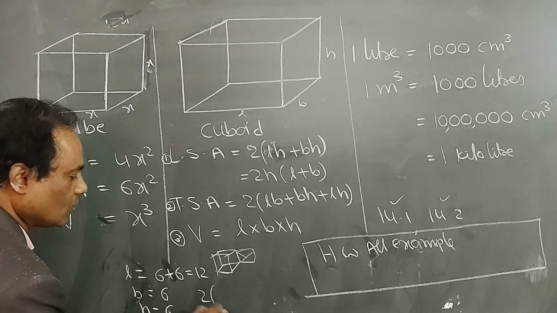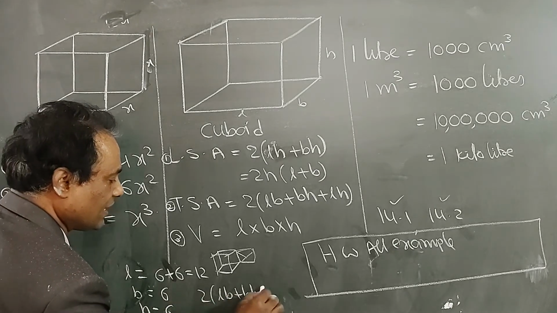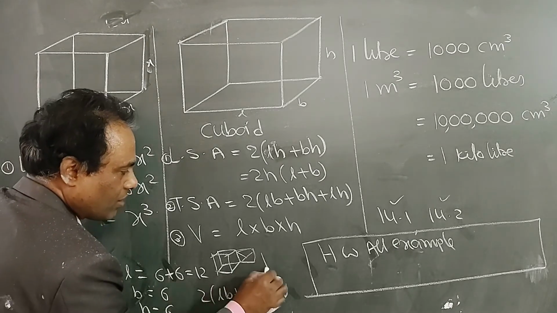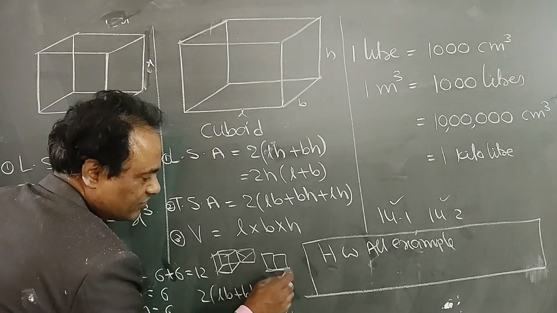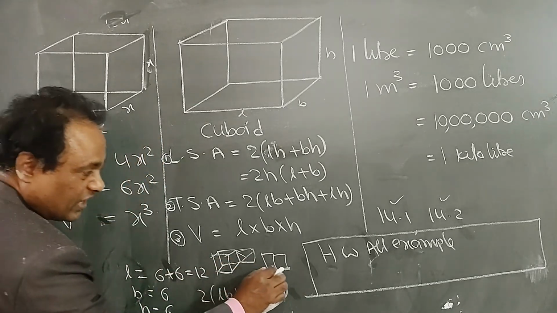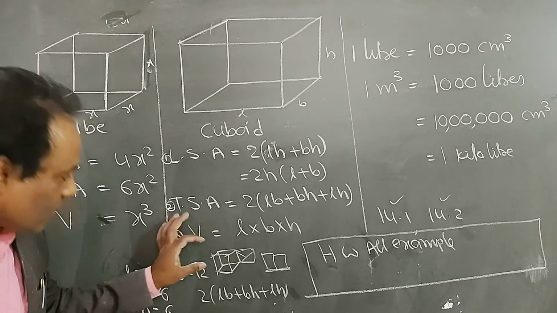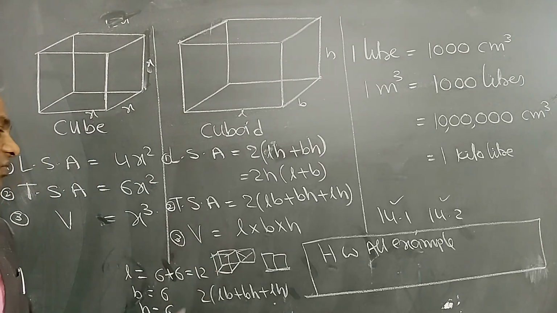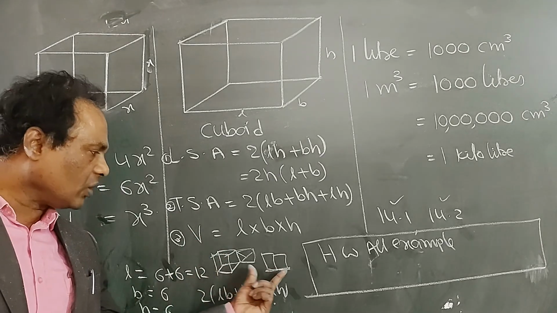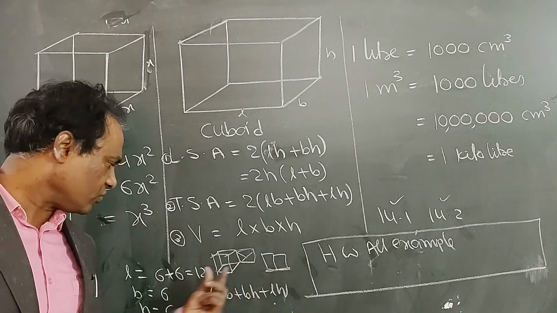Now 2 into (LB plus BH plus LH). If you keep one box after another box, the length will change. Remaining breadth and height are the same because we are not keeping one box above the other box. Height will be the same, 6 only, and breadth will also be the same. Only the length will change, 6 plus 6, 12.